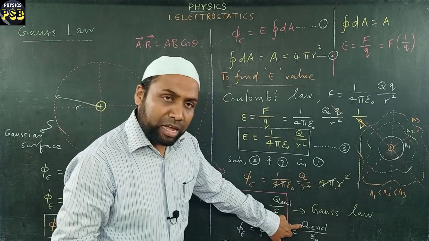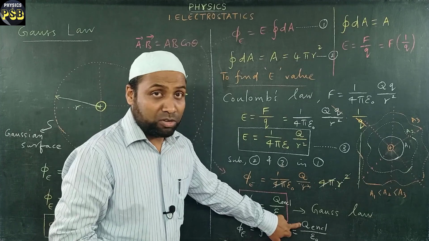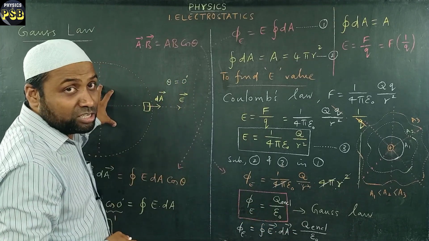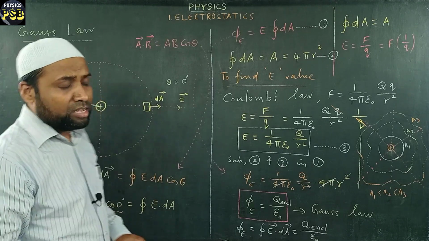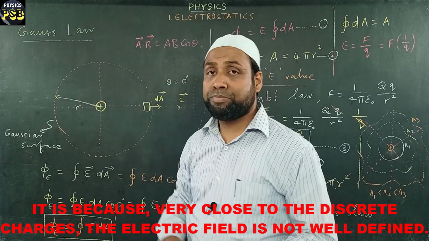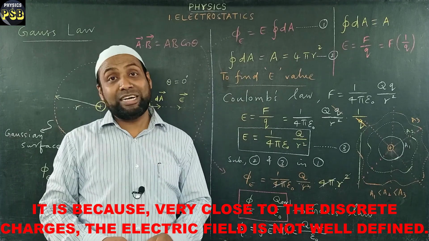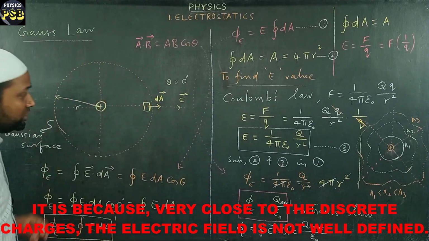Whereas this charge is the charge present inside the Gaussian surface. You remember that. And when we talk about the Gaussian surface, it does not pass through a discrete or isolated charge, but it can pass through a continuous charge system.